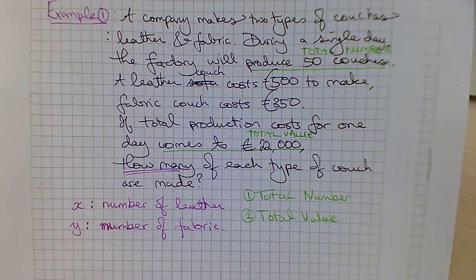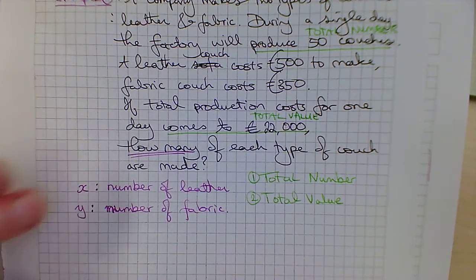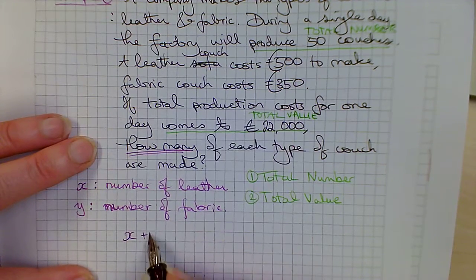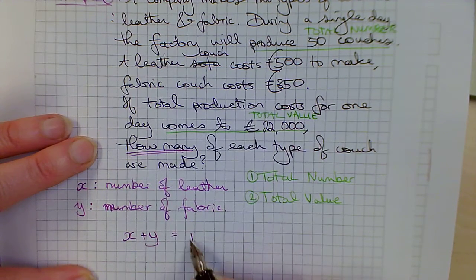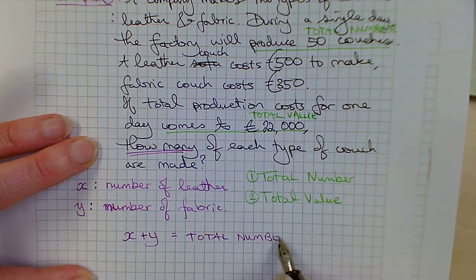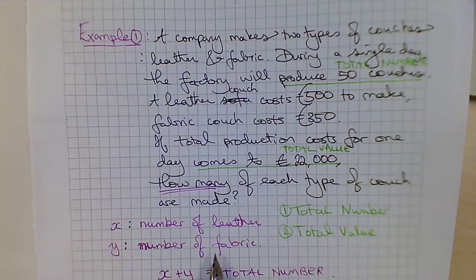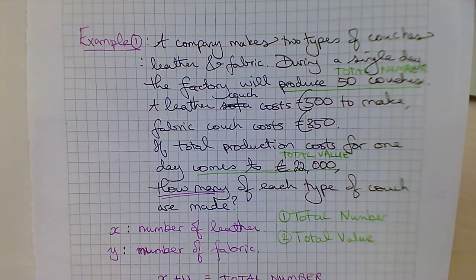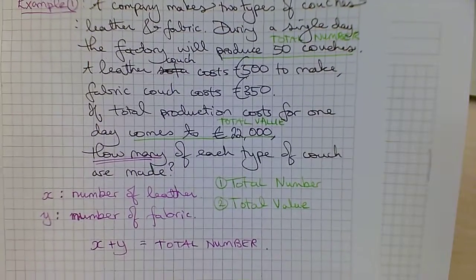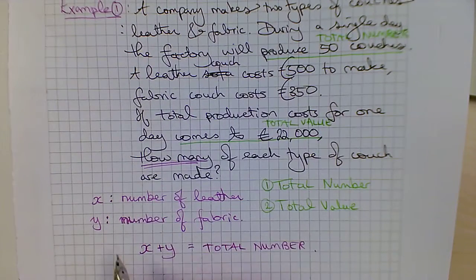There's another thing. Always, always, always X plus Y is equal to the total number. Think about that. The number of leather couches and the number of fabric couches is going to add together to give me the total number of couches. Okay, that has to be the case. And that will always be where my first equation comes from.